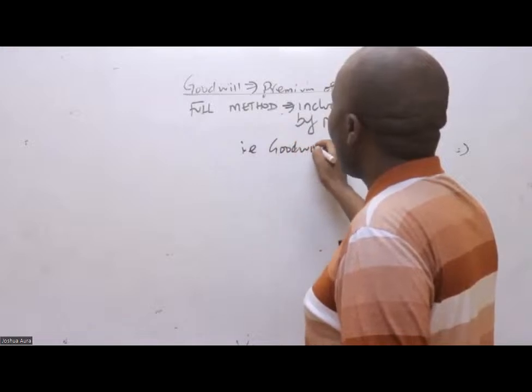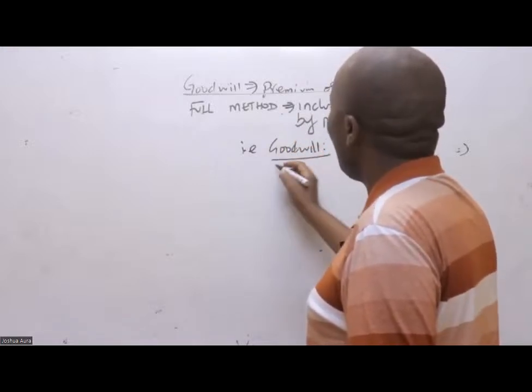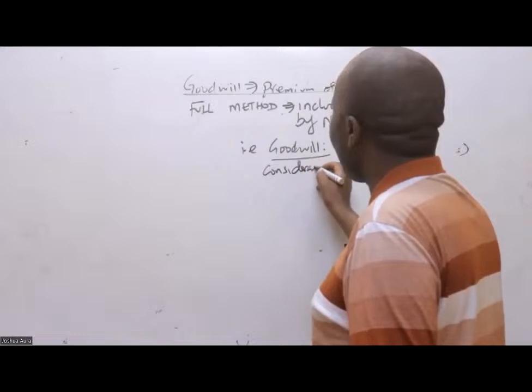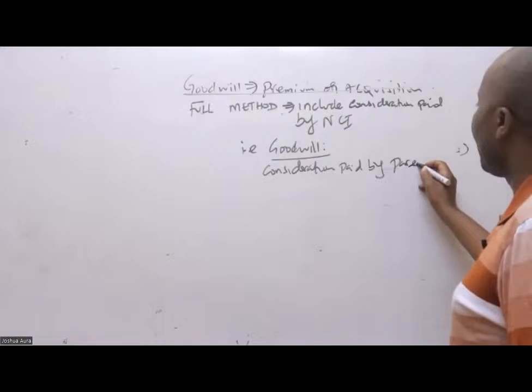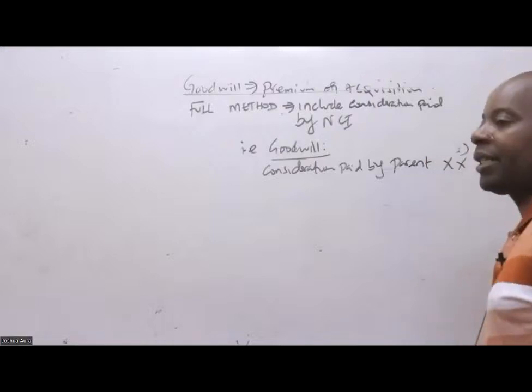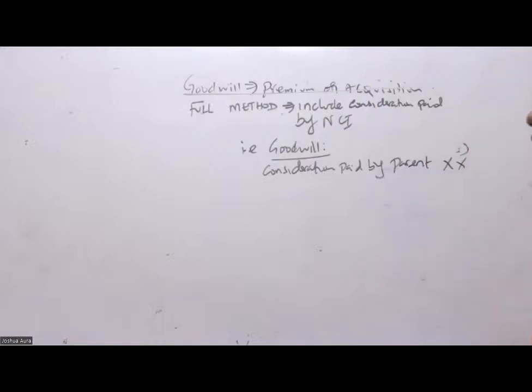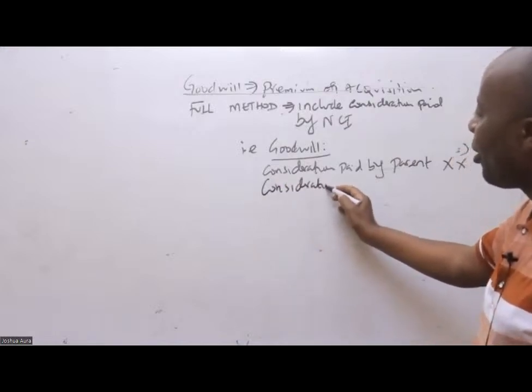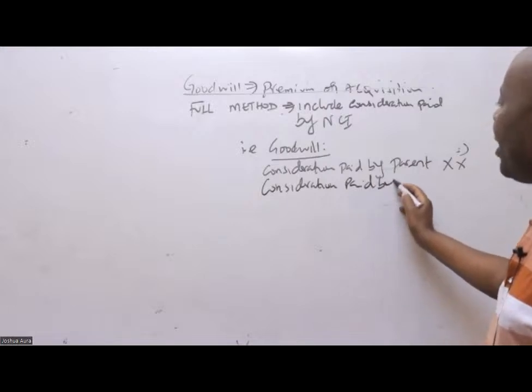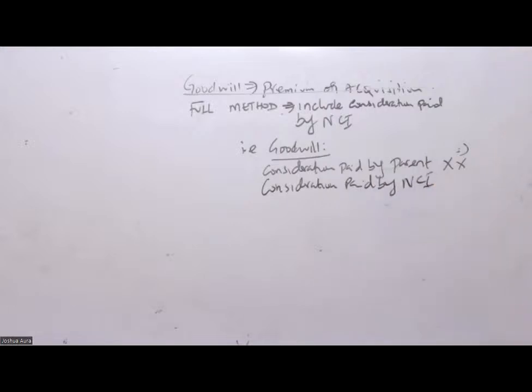Under this approach to get Goodwill, we take the consideration paid by the parent company, and then we add the consideration paid by NCI, non-controlling interest. Then, ladies and gentlemen, we get the total consideration.